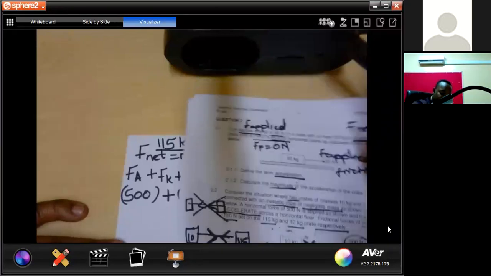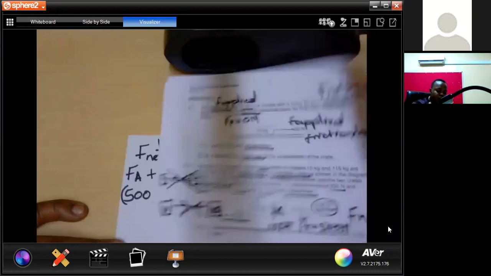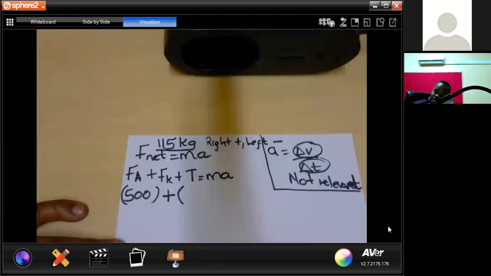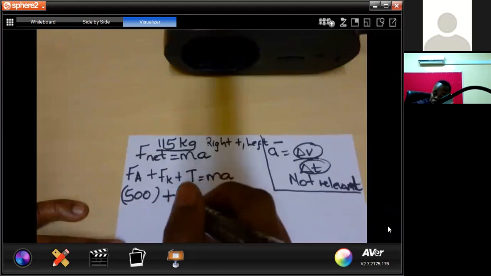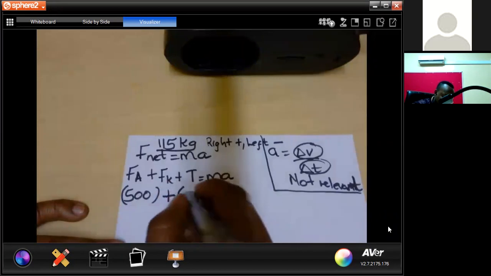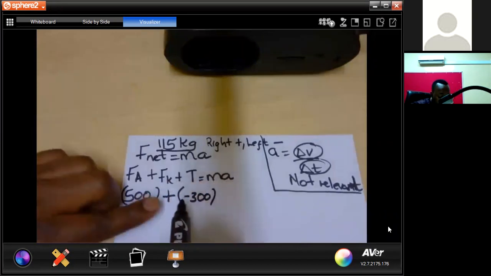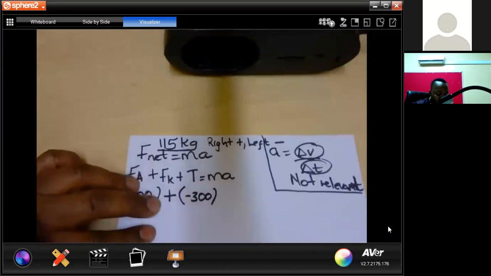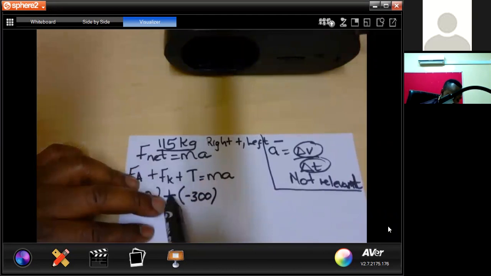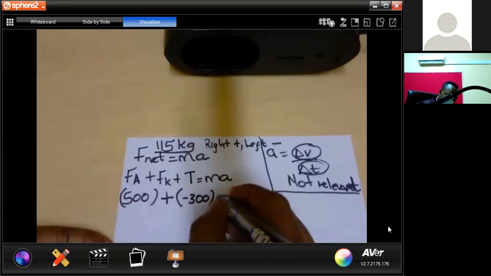On the 115 kilogram block, it's also acting to the left, and that will be plus negative 300. Remember, the plus is just for saying we are adding, and the negative is the direction of the force.